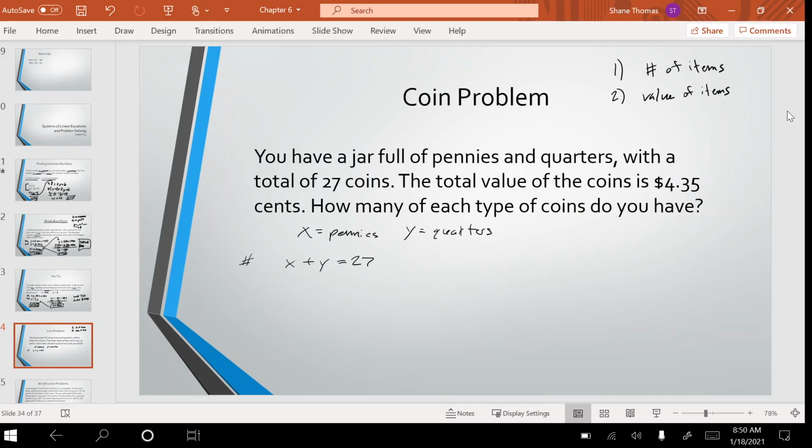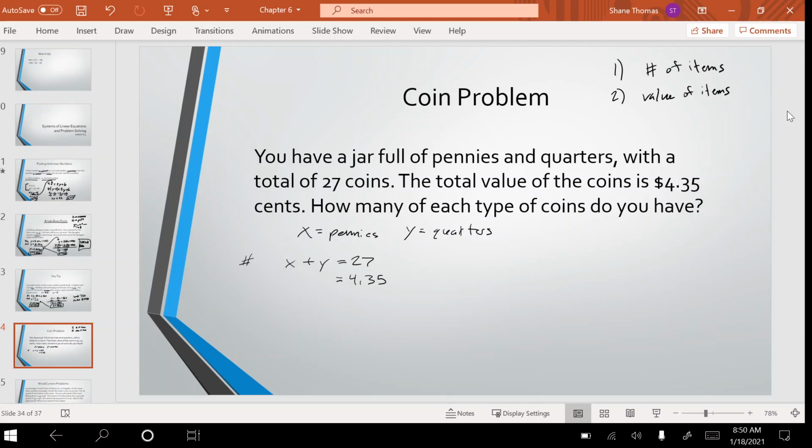Anytime you have a problem in this style, with number of items and value of items, your first equation would be x plus y equals 27, or x plus y equals the total number. Now, the second thing, we have to take into account the amount of money in that jar. How much money do we have in that jar? $4.35.